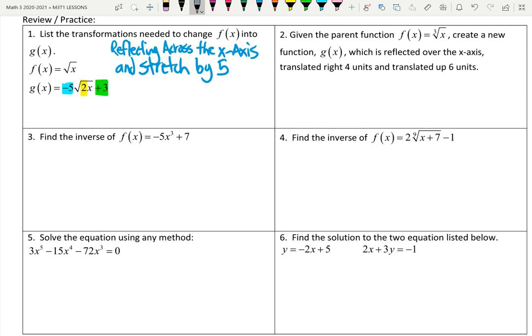What else is happening is this 2 means that I am going to actually be shrinking horizontally by 2. To be precise, I should have actually stretched vertically by 2.